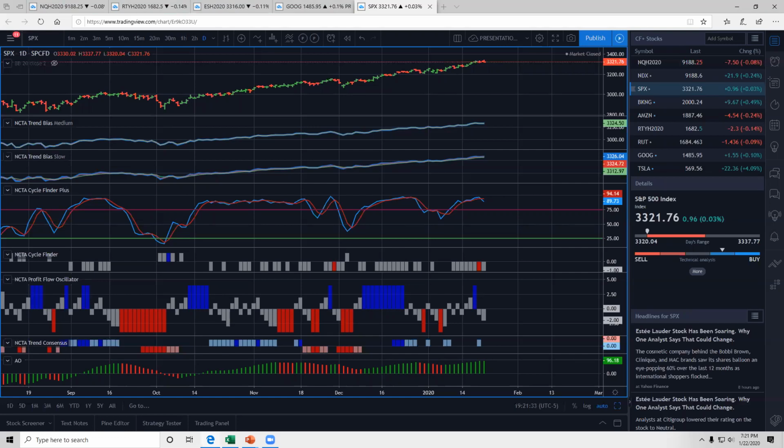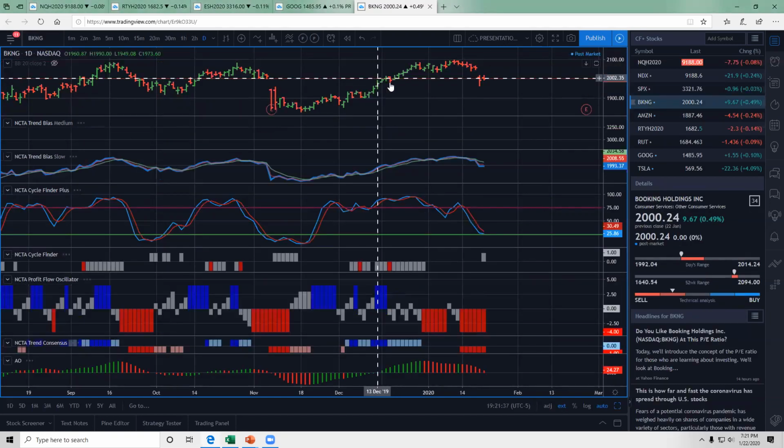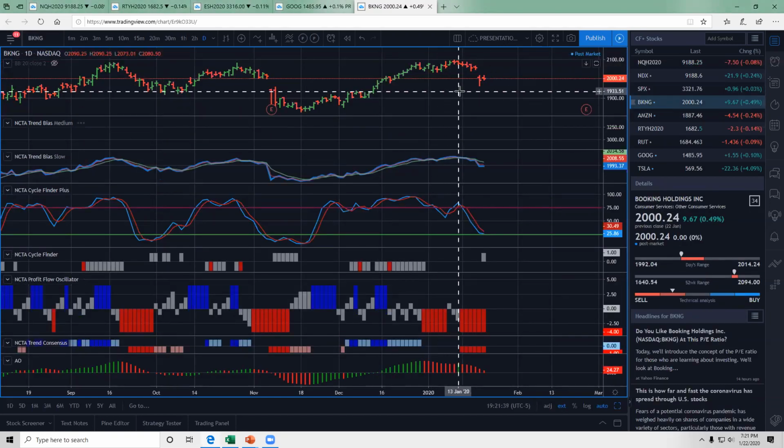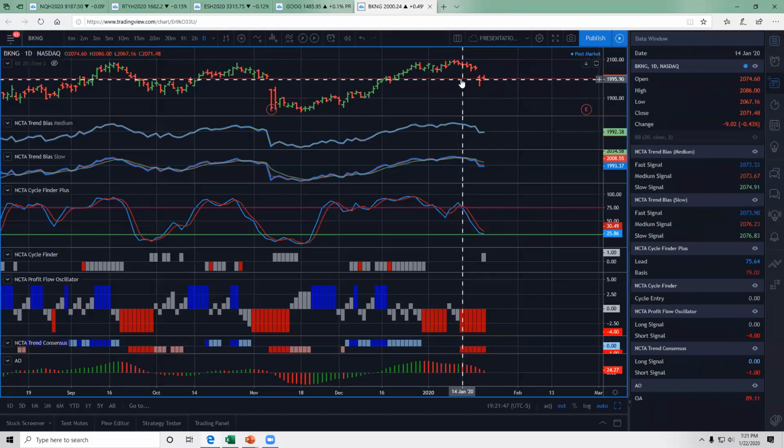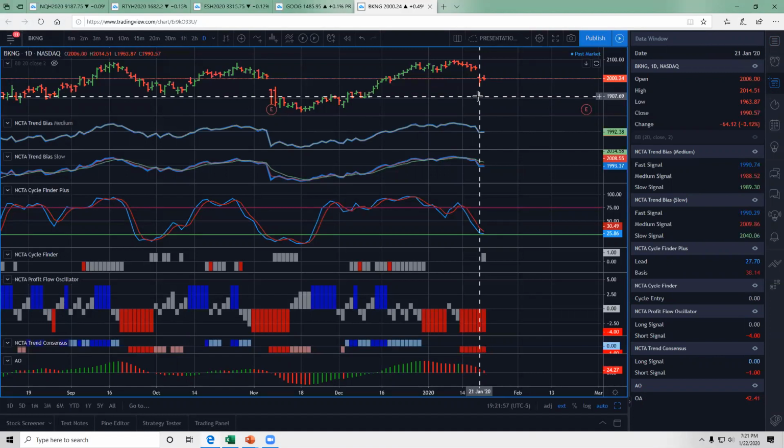Just one more thought about that, Michael. There was an example on Booking. Look at Booking when this trade came on the 14th of January, and the stock on the 14th of January opened at 2074.60. Now remember, you're buying a put here. Yesterday it traded down to a low of 1963.70.